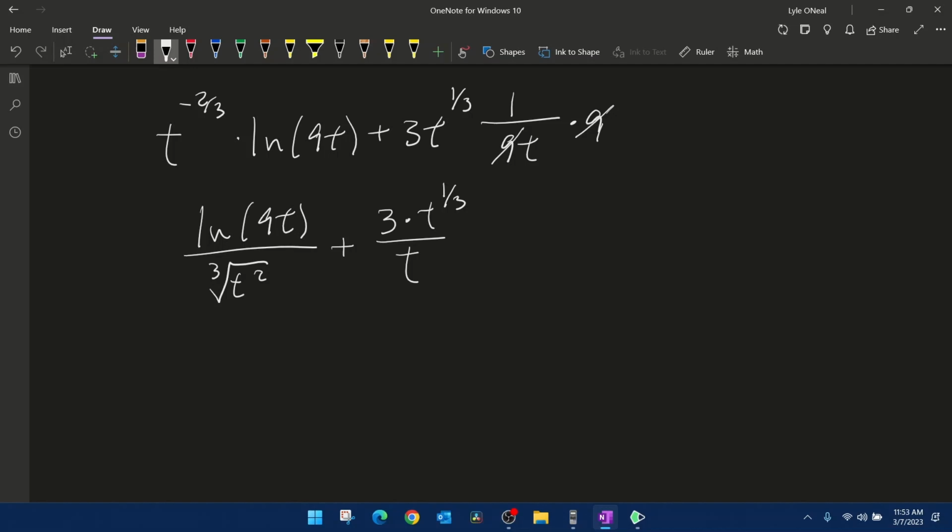If I leave it as t to the 1/3, do you see that I have t's top and bottom? Can I reduce? Which has more t's, top or bottom? The top only has 1/3 of a t. He's got a whole t. Yes. So how do I find out what his exponent is going to be? I subtract. Oh, I see.